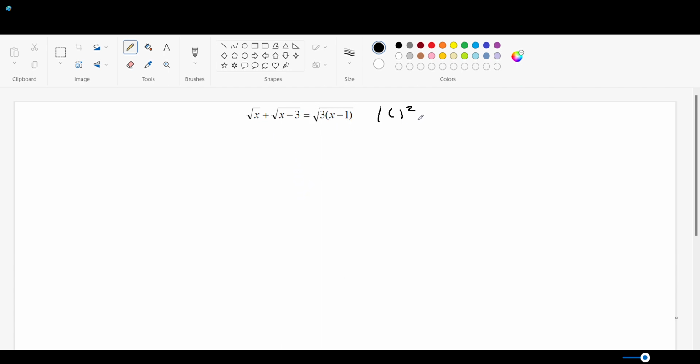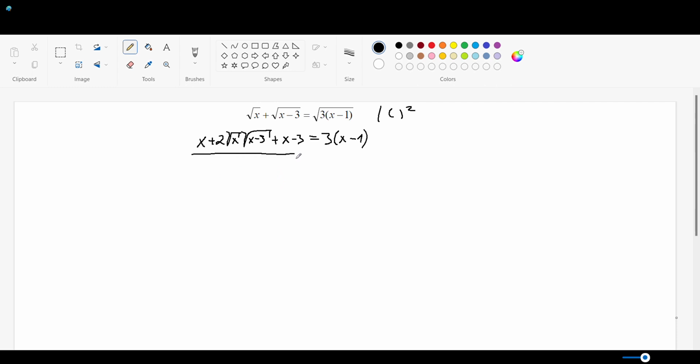So if we apply this, we already know that this is our super special, tricky, very often used formula, a plus b squared equals blah blah blah. So it will become x plus 2 times the square root of x times the square root of x minus 3 plus x minus 3 equals, this one is simple, 3 times x minus 1.